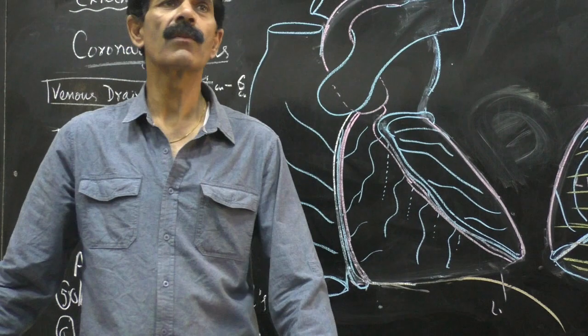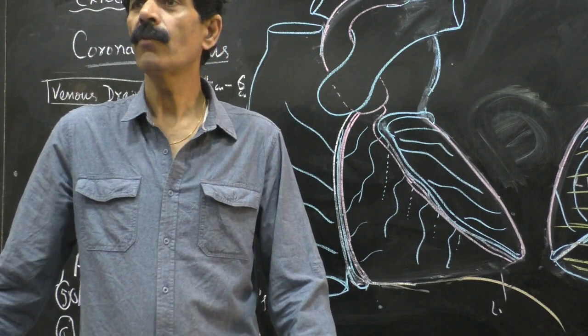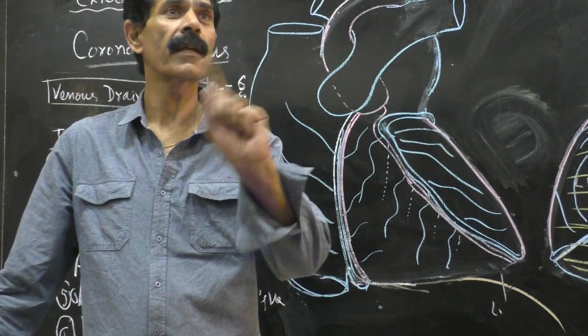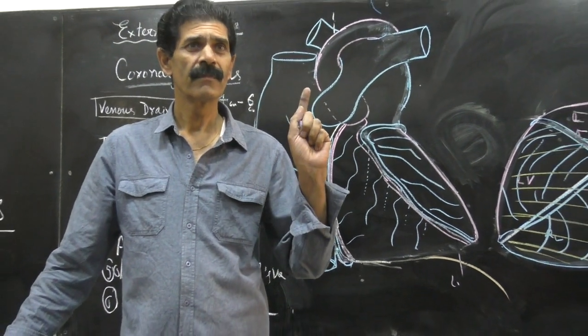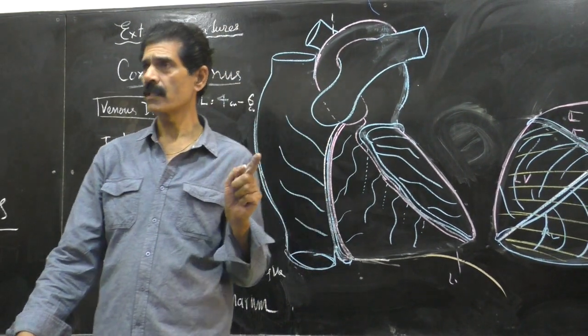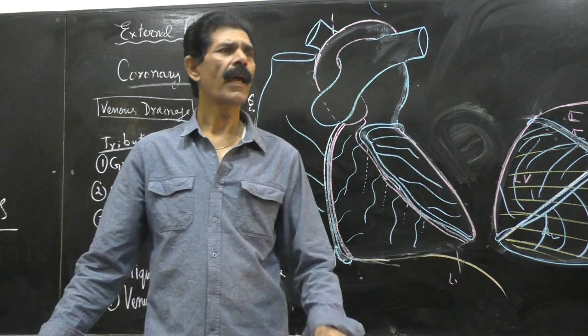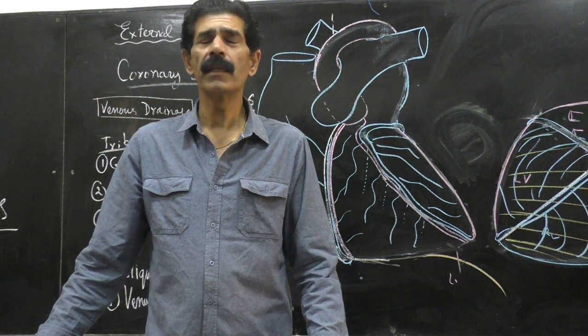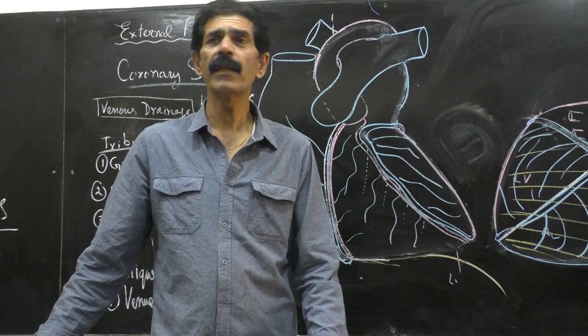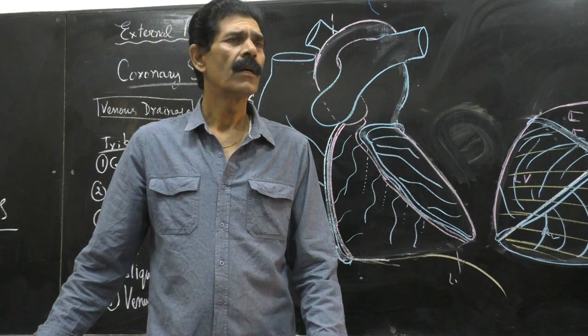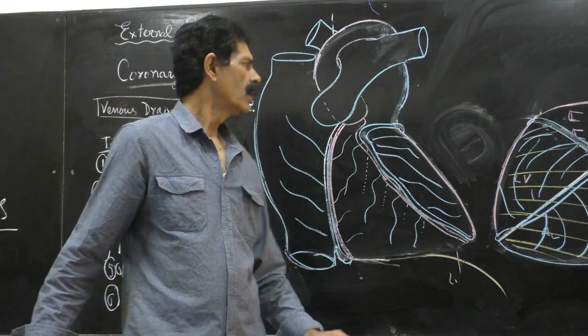So there is an AV anastomosis, arteriovenous. There is no artery to artery anastomosis. They are end arteries, but they may communicate with the veins. So that is called the arteriovenous communications or anastomosis.